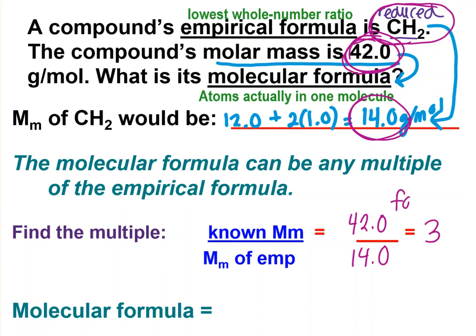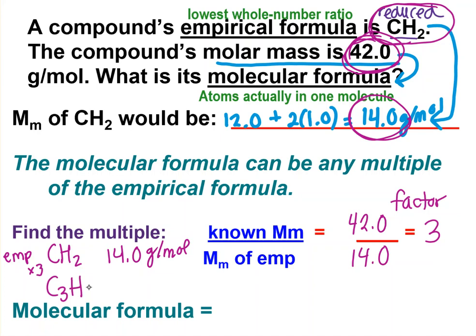So this is our factor that we're going to multiply by. So CH2, this is the empirical, its molar mass was 14. And if we use a factor of 3, we get C3H6. And if you calculate that, that's 3 times 12 plus 6, that will give us a molar mass of 42 grams per mole.